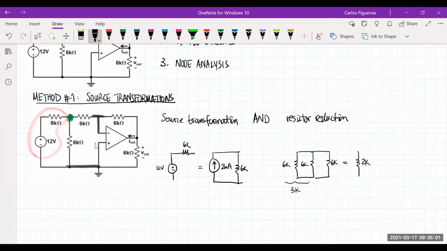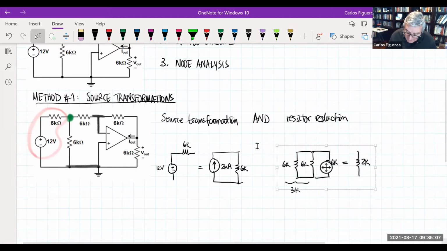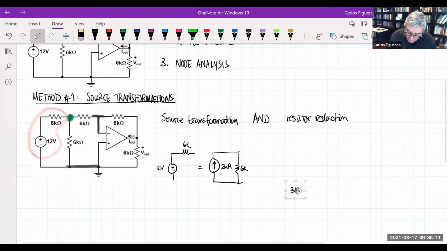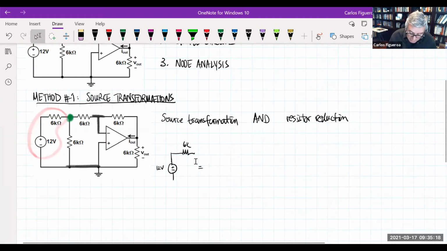I don't need to do that as a source transformation yet because I'm thinking ahead. I don't want to do a source transformation. I think that would be too much work.